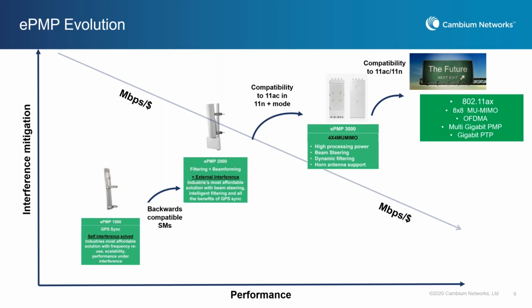We're spending a lot of time building synchronized device, determinism, custom ARQ, and all sorts of software that you've seen developed over the years, which still needs to be done on the AX. But the underlying chipset and technology of OFDMA and multi-user MIMO is definitely something we're excited about, and I think that's going to give our wireless customer base a huge leg up in providing that type of performance.